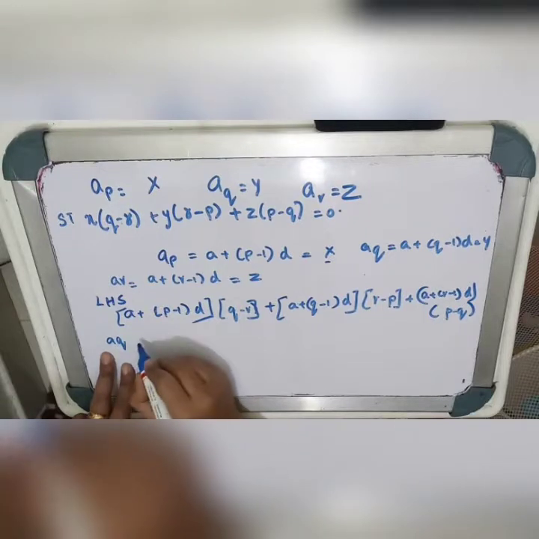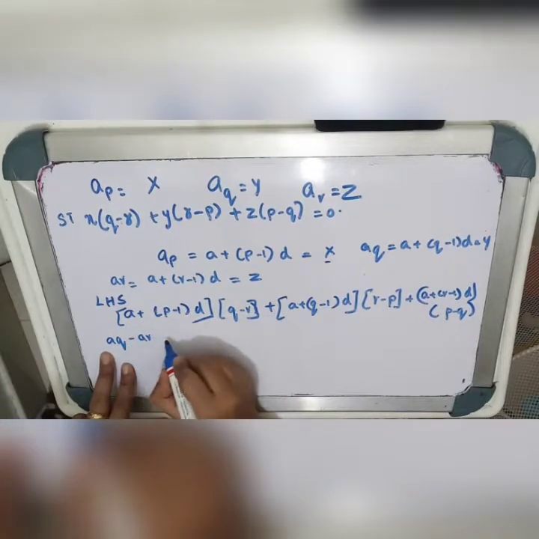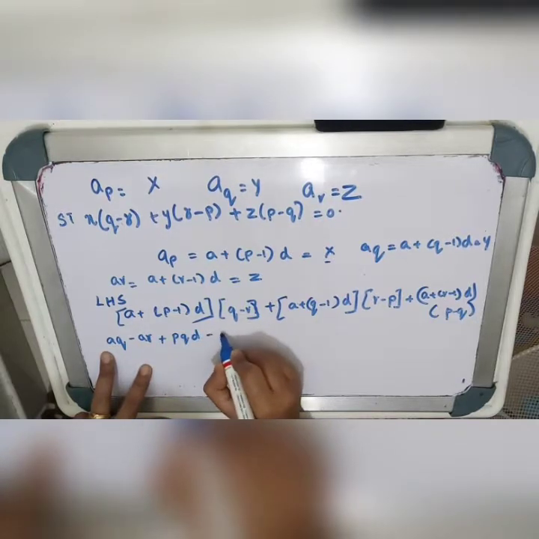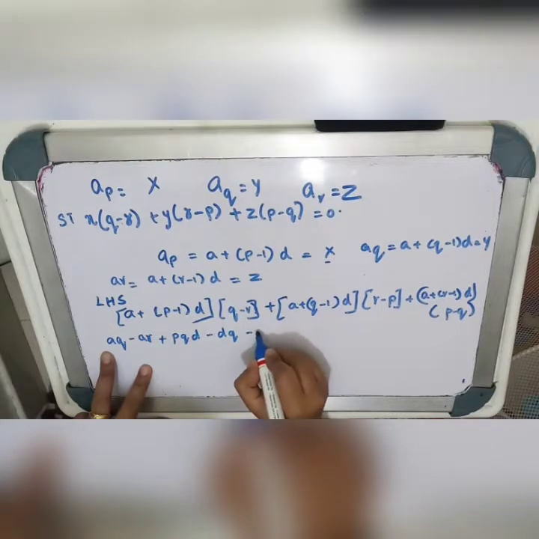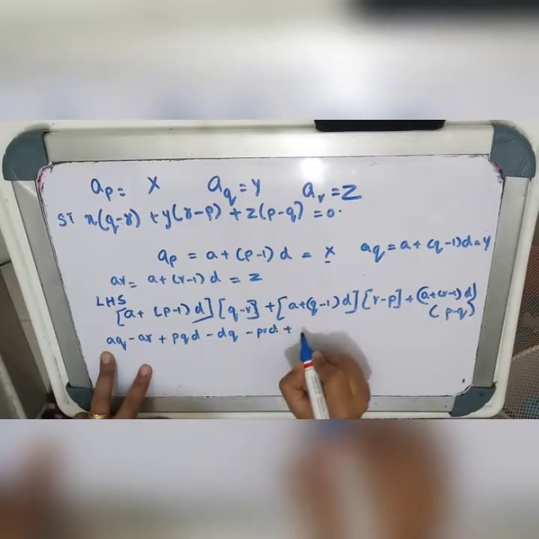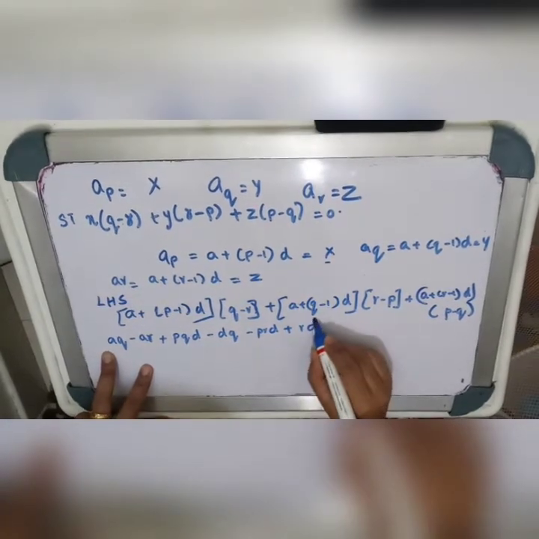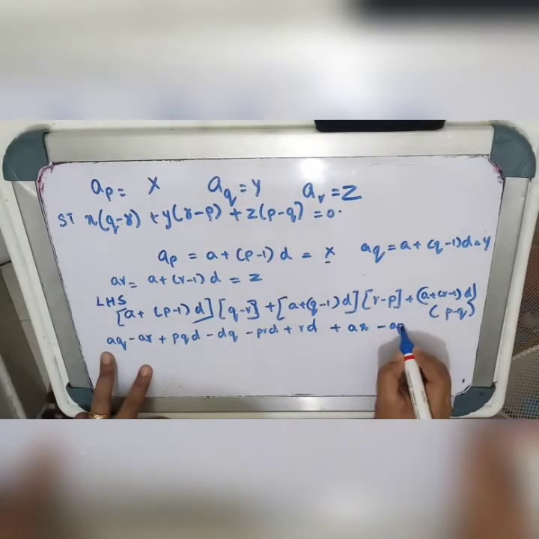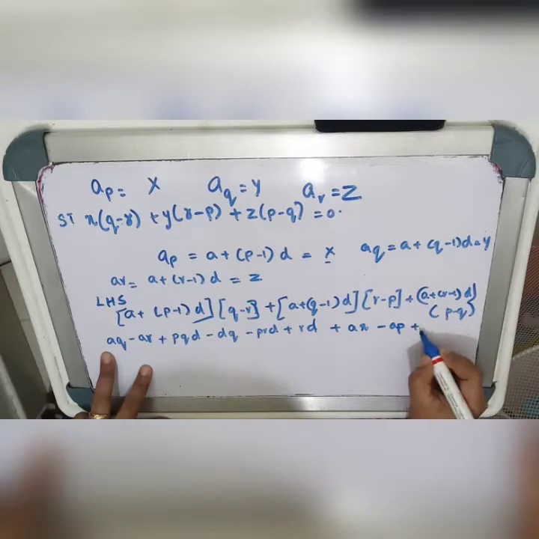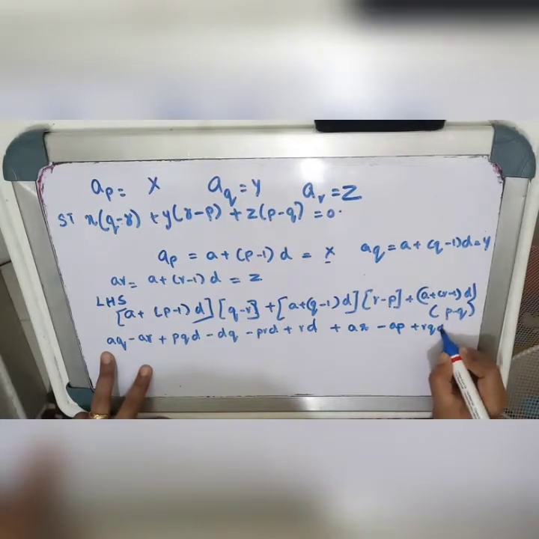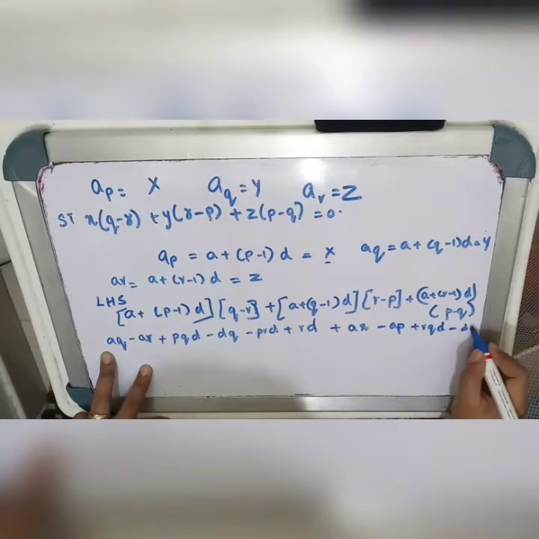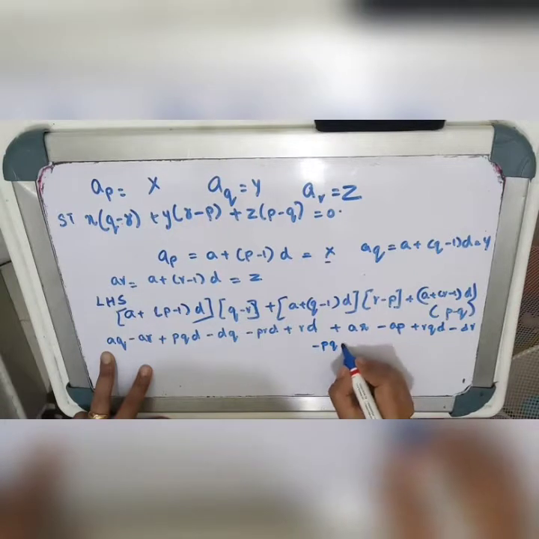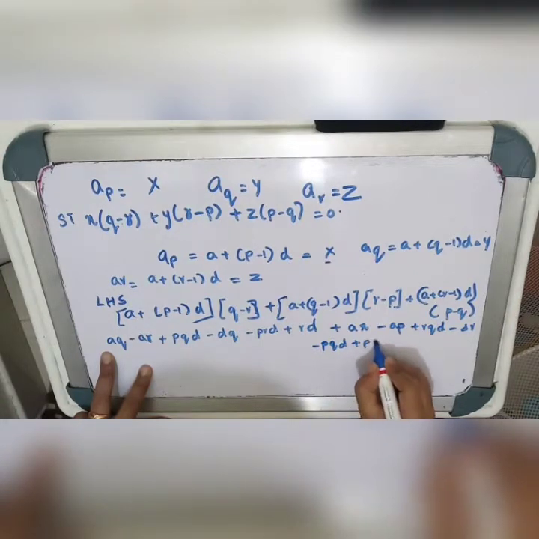I'm expanding: AQ minus AR plus PQD minus DQ minus PRD plus RD. I'm expanding this term: AR minus AP plus RQD minus DR minus PQD plus PD.